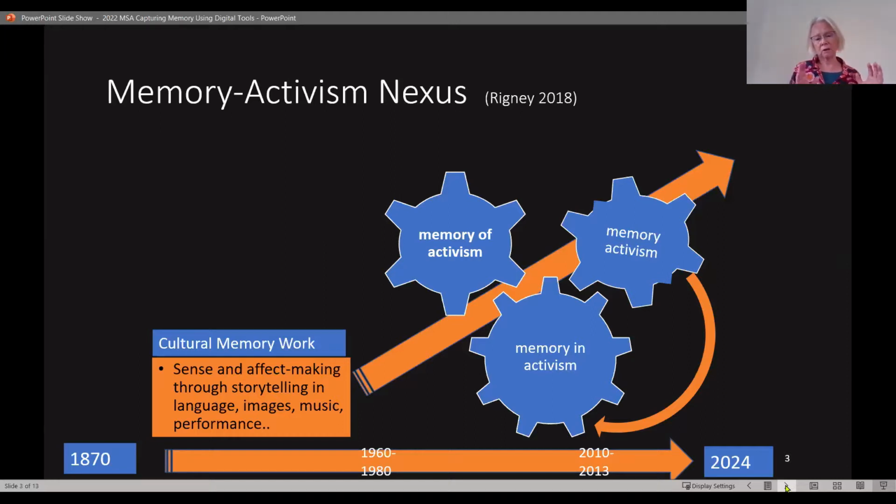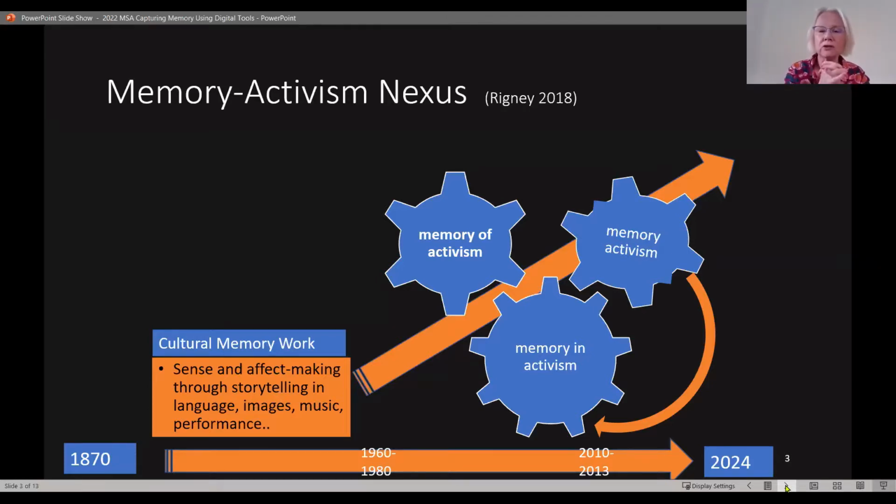Within our project, what we're specifically interested in is cultural memory work. That is to say, storytelling in language, images, music, and performance, and how that storytelling is creating a cultural memory of activism. One of the features of our work is that we're also interested in looking at the long term.